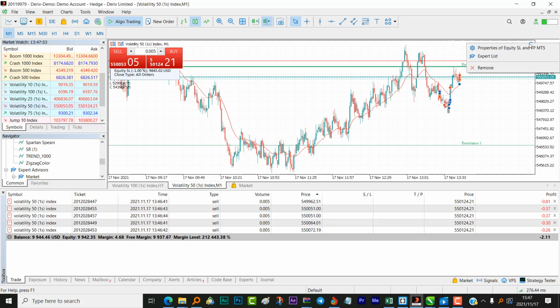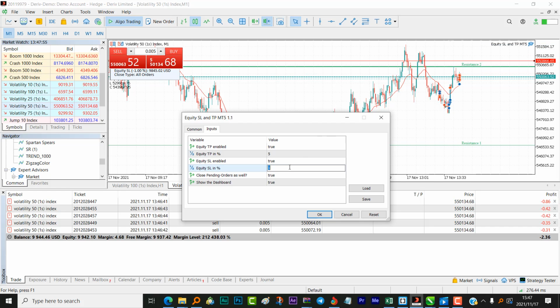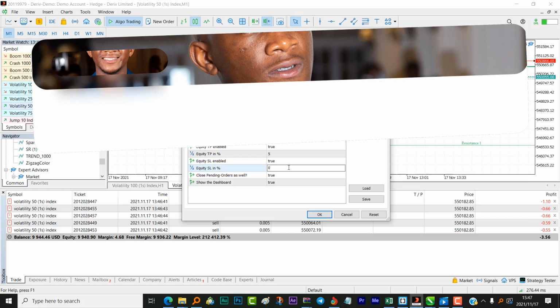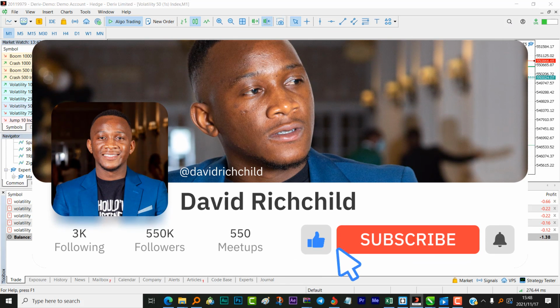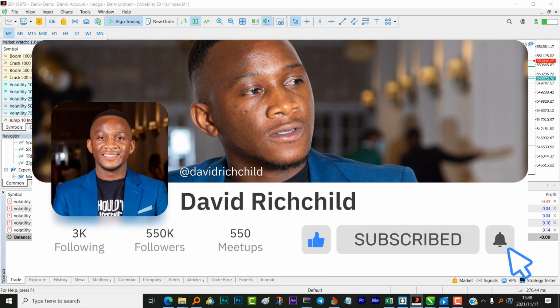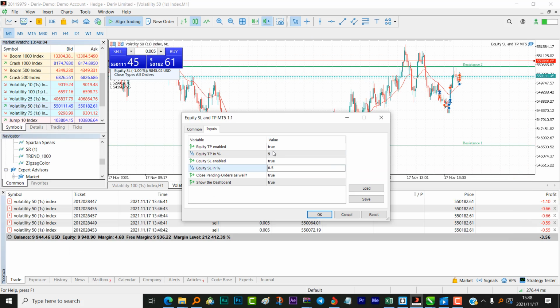So I say, okay, I don't want to lose more than $50 here, so what I'm gonna do is I'm gonna be 0.05. I don't want to lose more than $50, 0.05, but I want to get let's say 1%, which is a 1:2 ratio there.